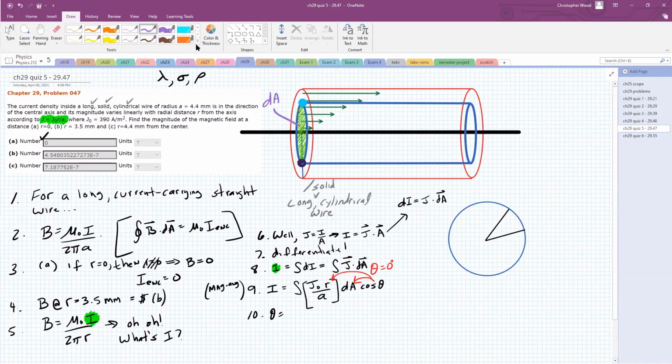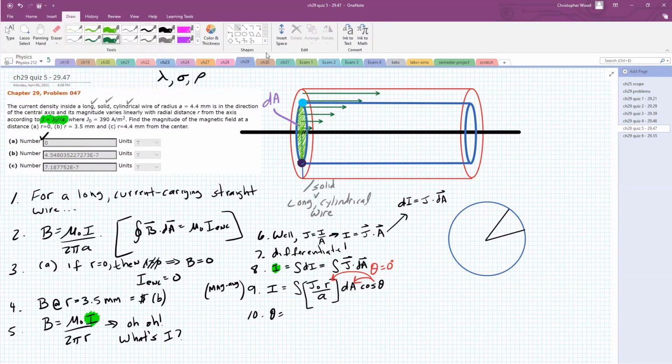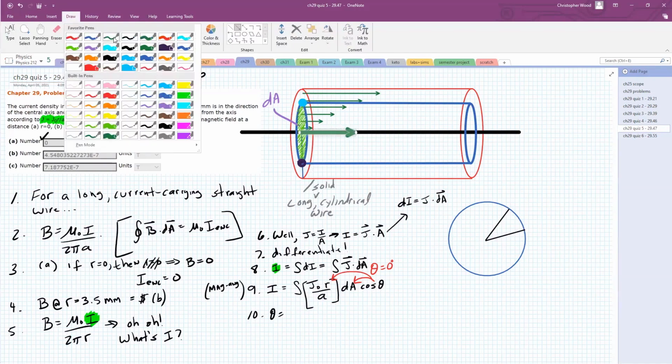And my dA vector, my surface normal vector, is perpendicular. So I'll draw it like this. There's my surface. Here's my surface normal vector, like that. Let me try that one more time. Okay, so let me just keep repeating that.